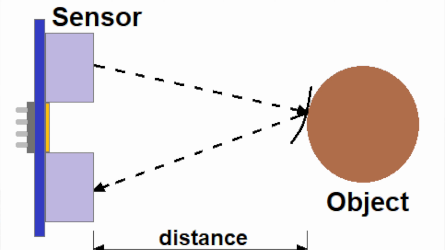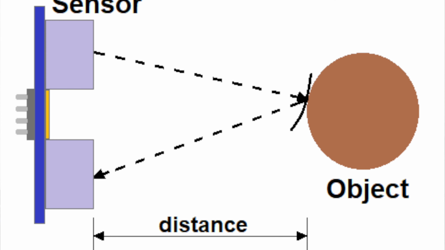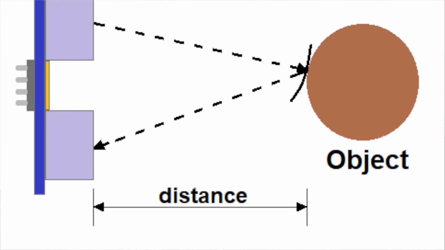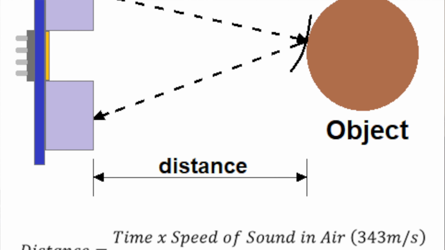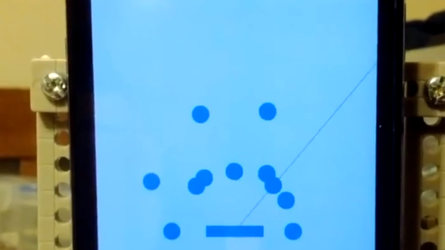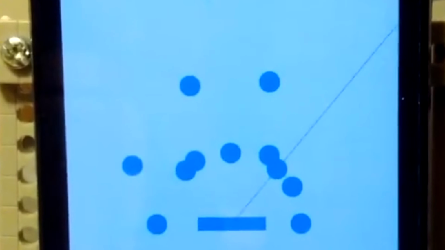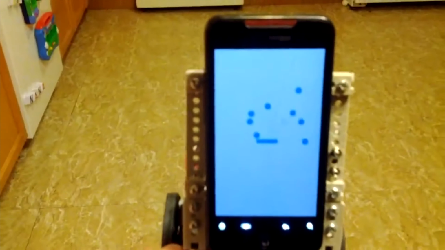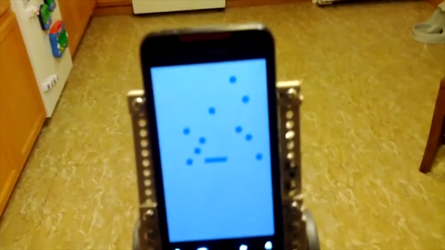The amount of time, or the time of flight, that it takes for that sound to hit something and bounce back can be computed as a distance to the object that it bounced off of based on how long it took to come back to the robot. These little sensors literally will give us just points in space when we do the math as to how far away something was when sound bounced off of it. We can use that information to construct an idea of where obstacles are in the world, things that we need to avoid.